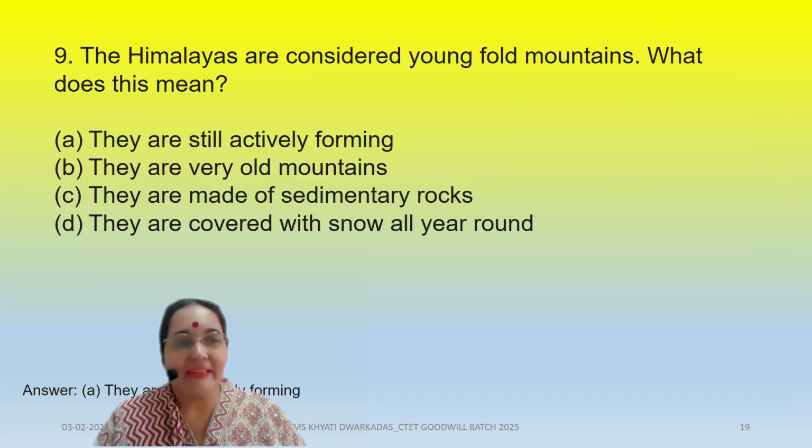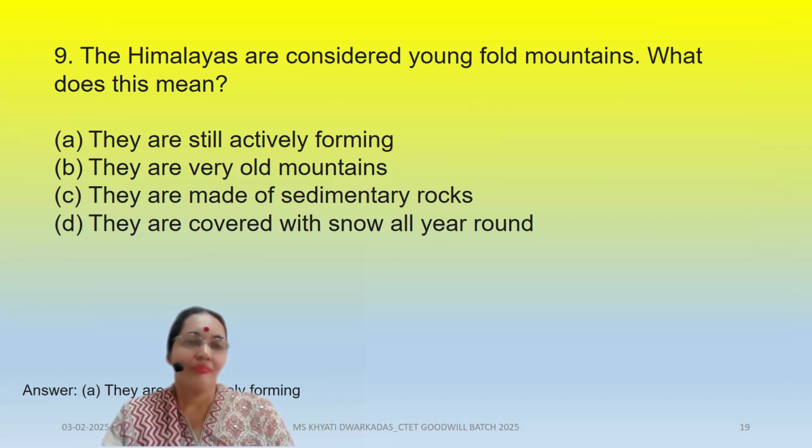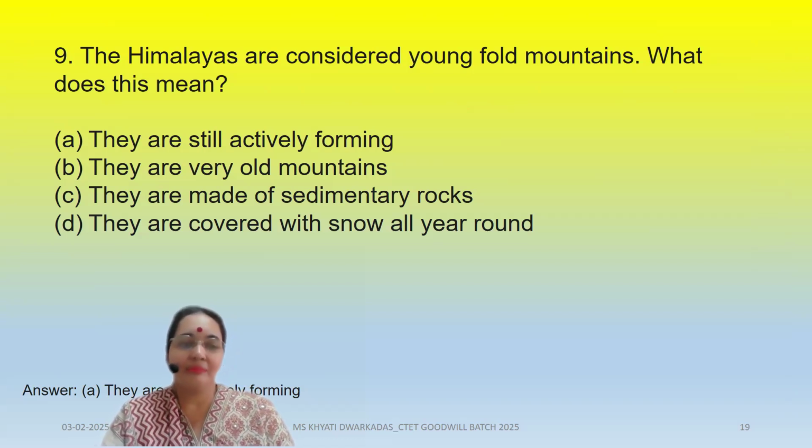Question number 9. The Himalayas are considered young fold mountains. What does this mean? They are still actively forming. They are very old mountains. They are made of sedimentary rock, or they are covered with snow all year round. Why do we consider them as young fold mountains?